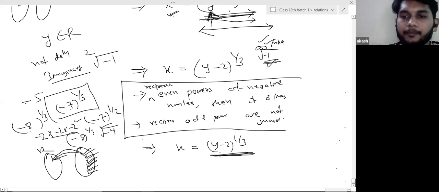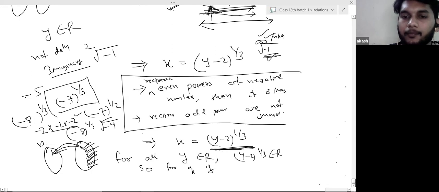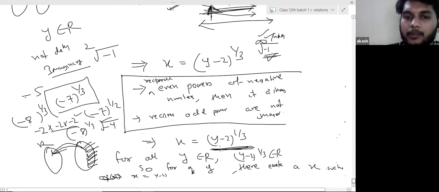So we can say for all y belongs to R, y minus 2 raised to the power 1 by 3 belongs to R, right? So for all y, there exists an x such that f of x equals y, or x equals y minus 2 raised to the power 1 by 3, which belongs to R, the domain.